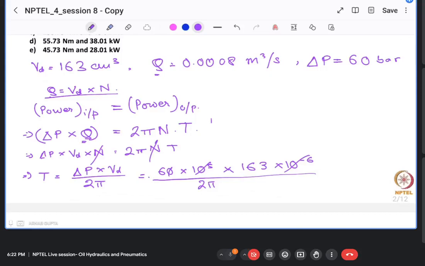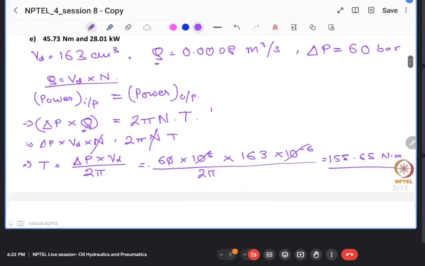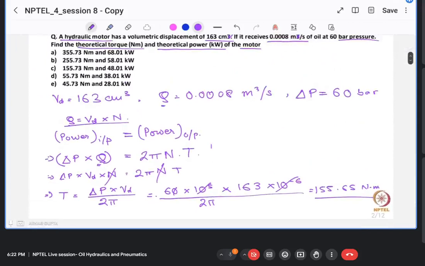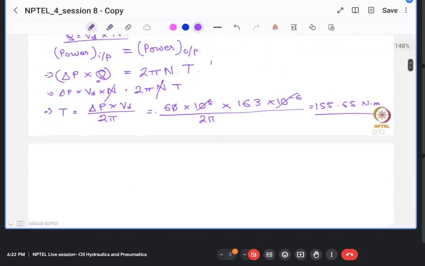So what you will get is 155.65. What will be the unit of torque? It is Newton meter. So this is the torque that your motor is producing, the output of the motor. Now the next question is, what is the theoretical power of the motor?